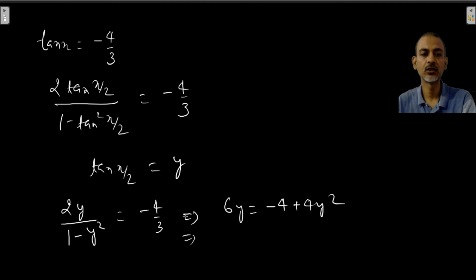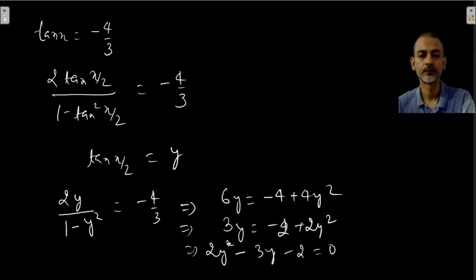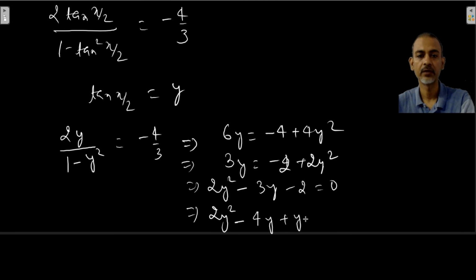I will just take the 2 out, so then I will get 3y equals minus 2 plus 2y square, because I have just removed 2 from everywhere, and so 2y square minus 3y minus 2 equals 0. Alright. So I can also factorize it. I can write 2y square minus 4y plus y minus 2 equals 0.